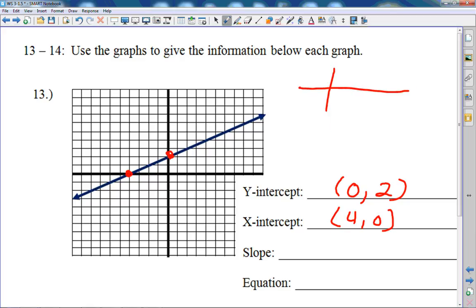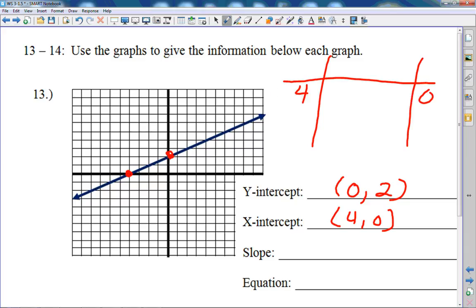Guys, you can do it on the graph or on a table: (0, 2) or (4, 0). I can do it both ways, but I'm going to show you. I'm going to start over here with this point, (4, 0), so I can match some things up. This point is (0, 2).